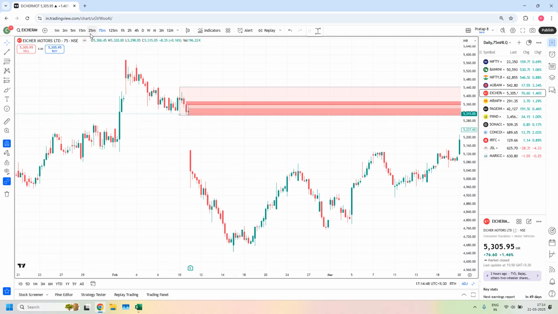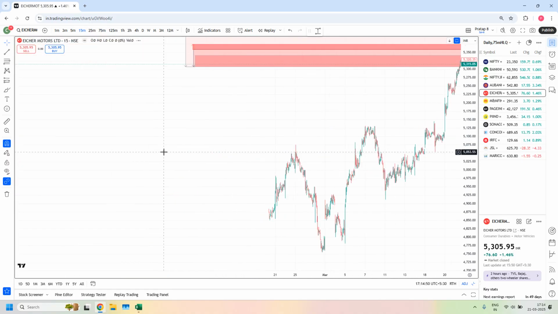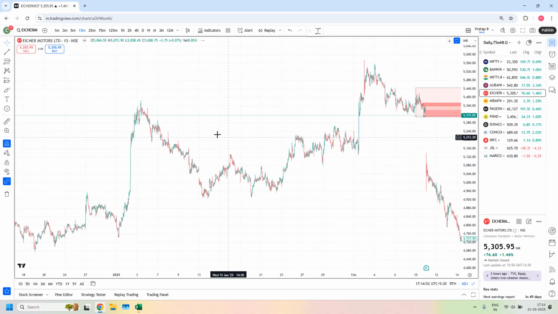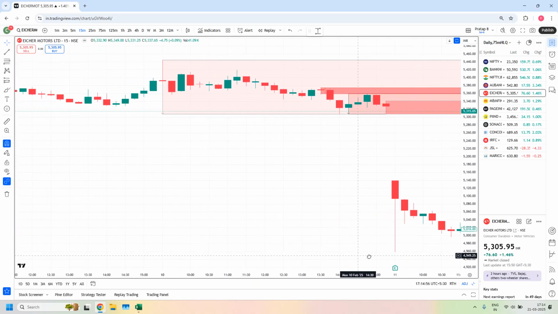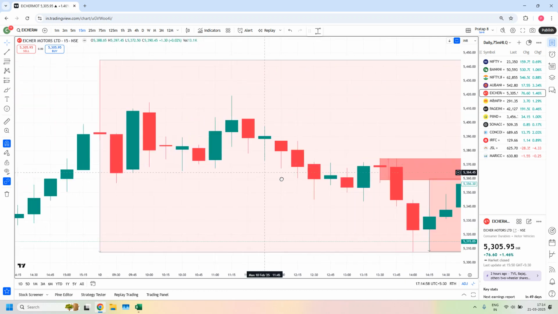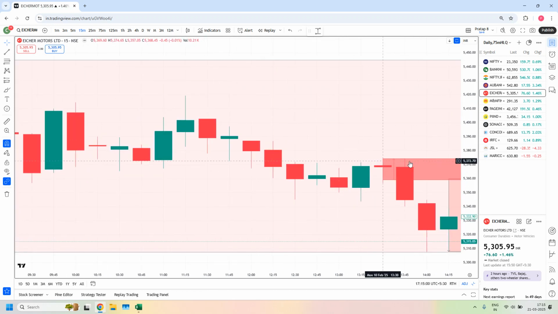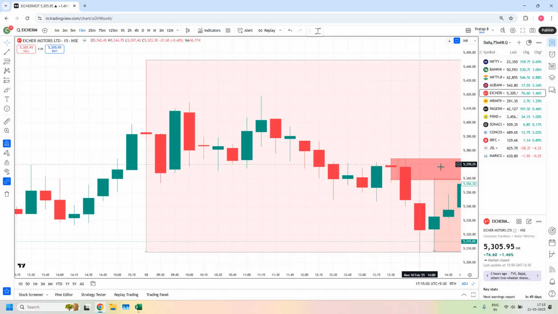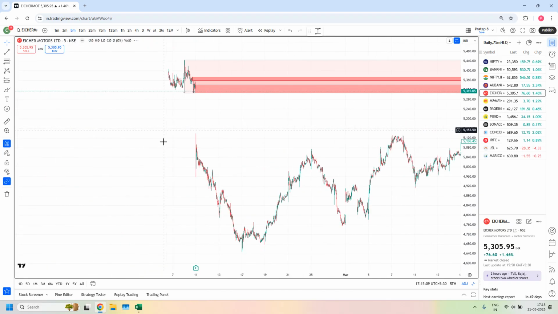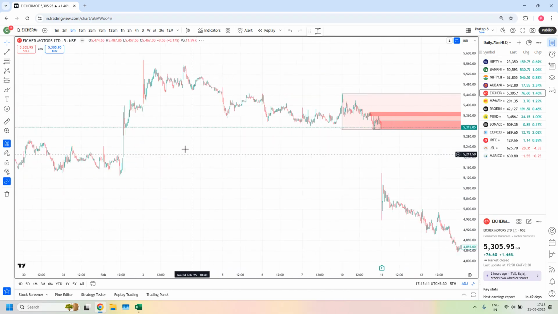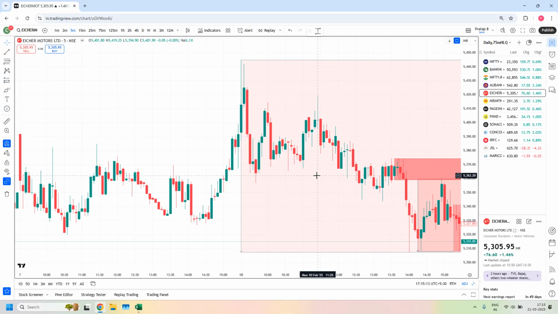So here at the distal line of the 75 minute zone, we have a 15 minute origin. See, rally, base, drop. This is the origin. And in the 5 minutes time frame, I think the 5 minute structure is not good. I didn't draw any zone in 5 minutes.